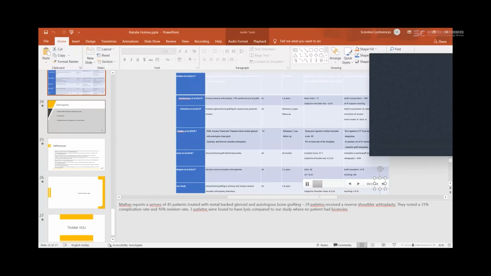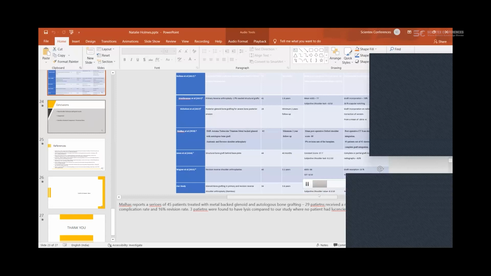Ours is around 5.8%. And we think that we've got a graft incorporation of around 100%. Our mean follow-up is around 3.5 years, which appears to be one of the higher rates of follow-up. So if we take one, for example, Malus et al., they looked at 45 patients over 2 years.